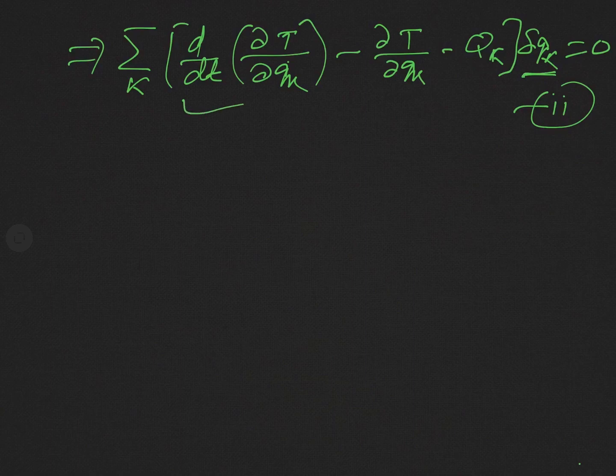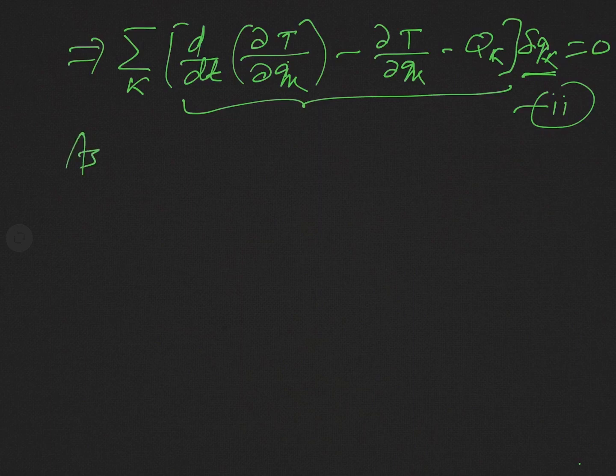This is possible only when this factor is equal to 0. So the above relation will hold for all generalized coordinates only when the coefficients of delta qk vanish separately. That is, for k equal to 1, k equal to 2, for each and every value of k the coefficient must be 0.